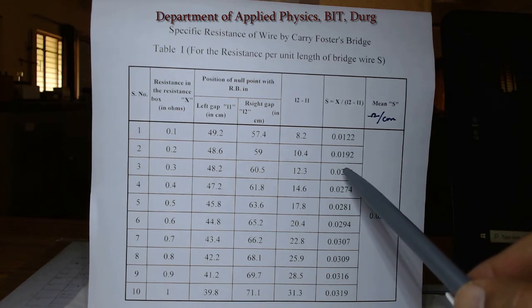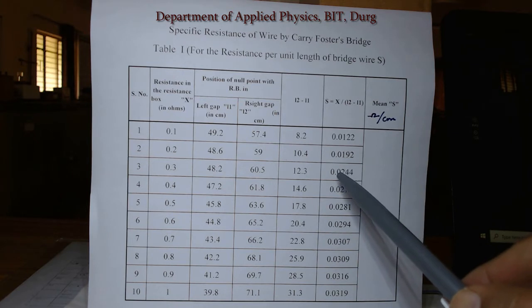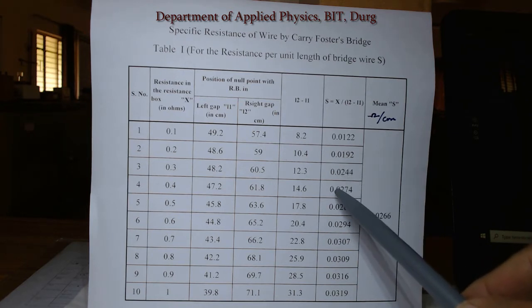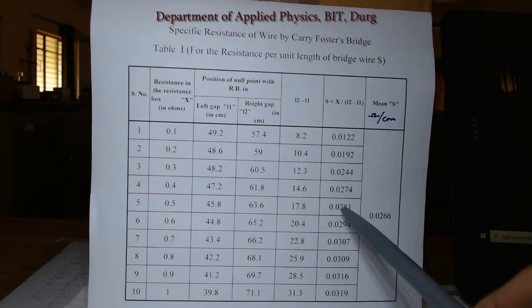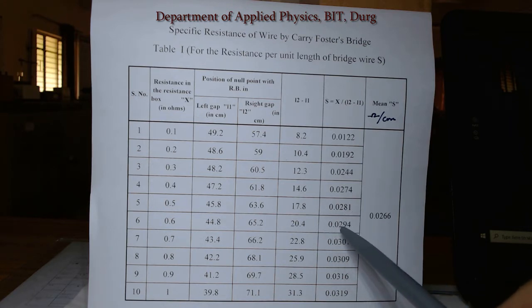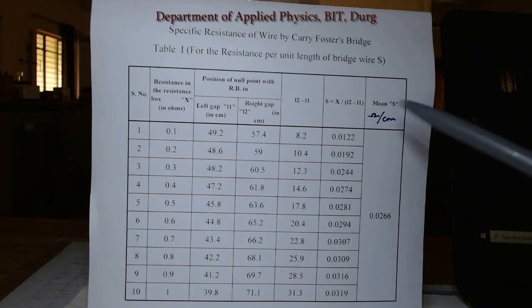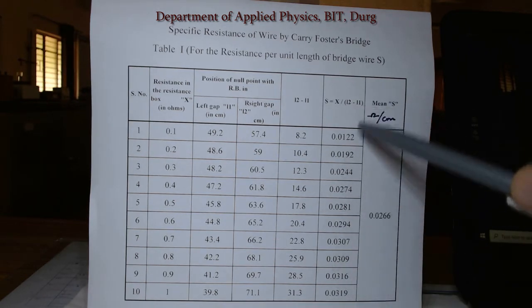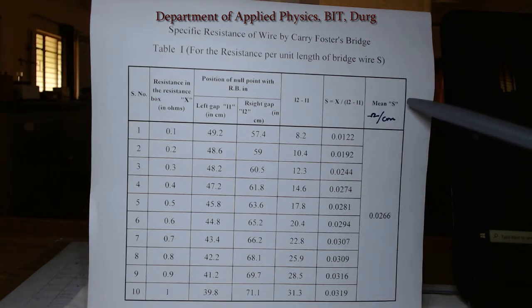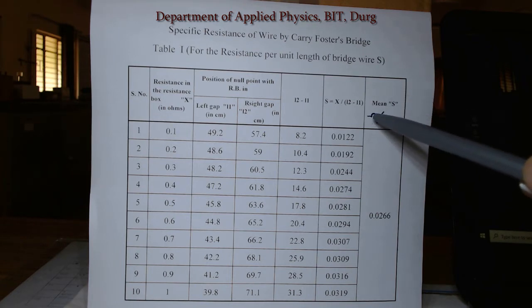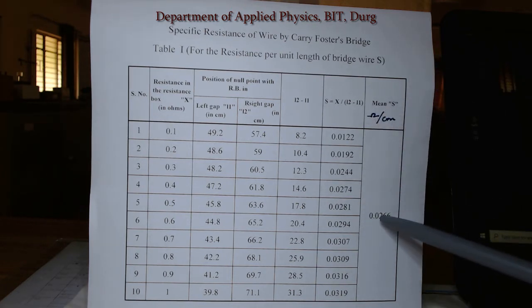For the third, that is 0.3 ohm, it is 0.0244, 0.0274, 0.0281, 0.0294, and so on. Now I take the mean of all these readings, and that is mean S, that is resistance per unit length in ohms per centimeter, which is equal to 0.0266.